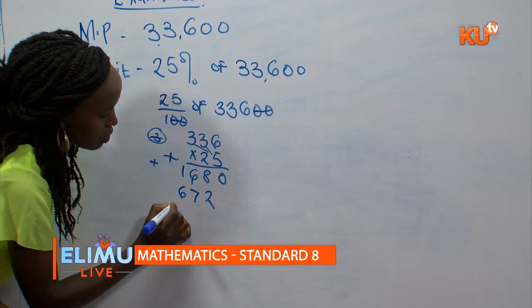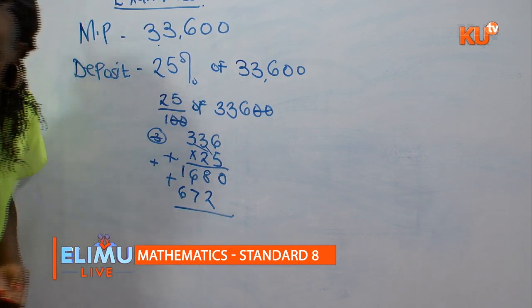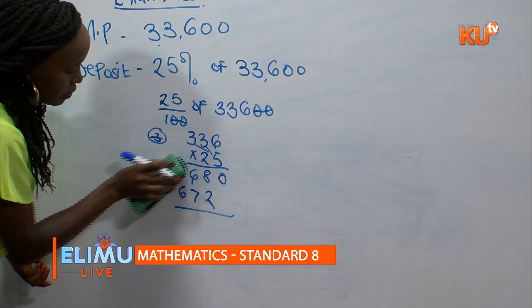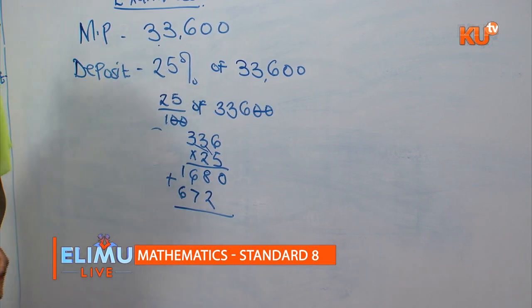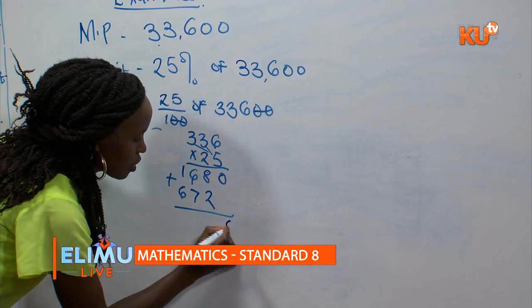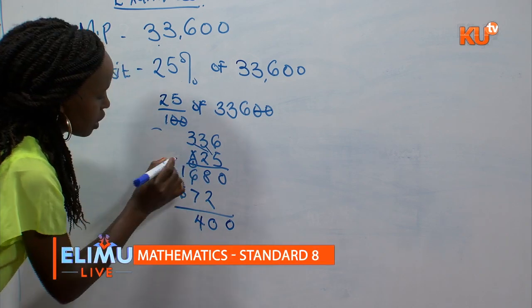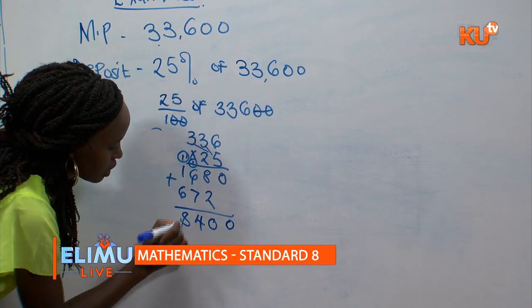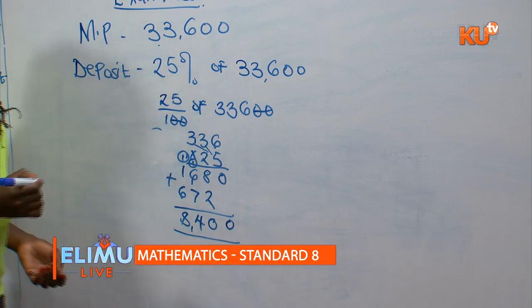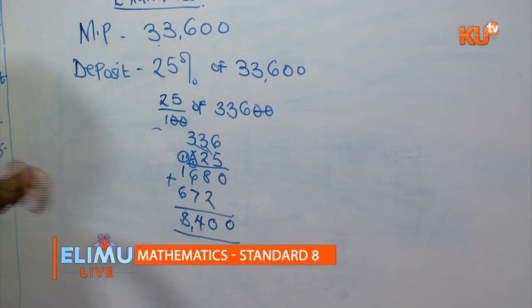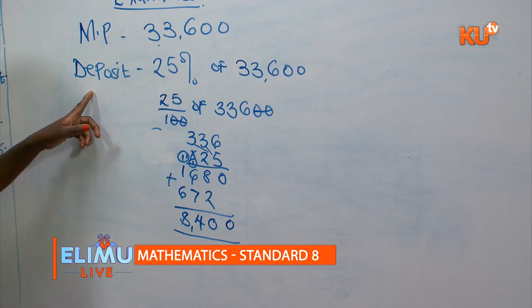And then 6. Then we add: zero, 10, carry 1, 14, carry 1, 8. 8,400. Now this 8,400 was the deposit.